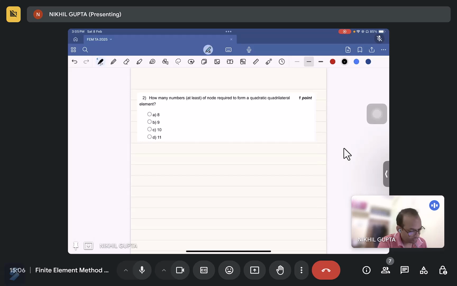Then how many nodes are required to form a quadratic element? I have already told you in the class that this is your quadratic element. When it is linear, then 1, 2, 3, 4. And if you have to make each element quadratic, you have to add more nodes. So total now you have 5, 6, 7, 8. So now the answer is 8.